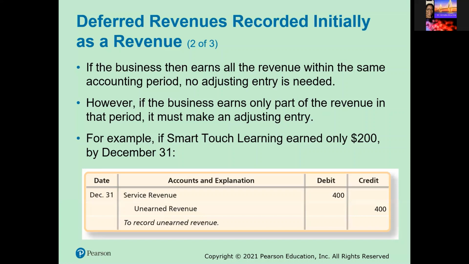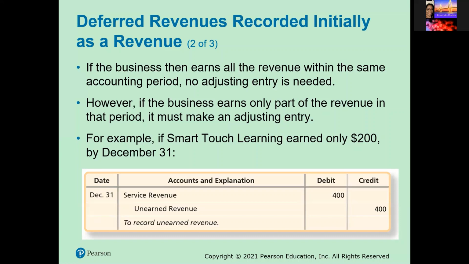So in this case here, $400 is debited to service revenue and $400 is credited to unearned revenue. And the explanation is to record unearned revenue.